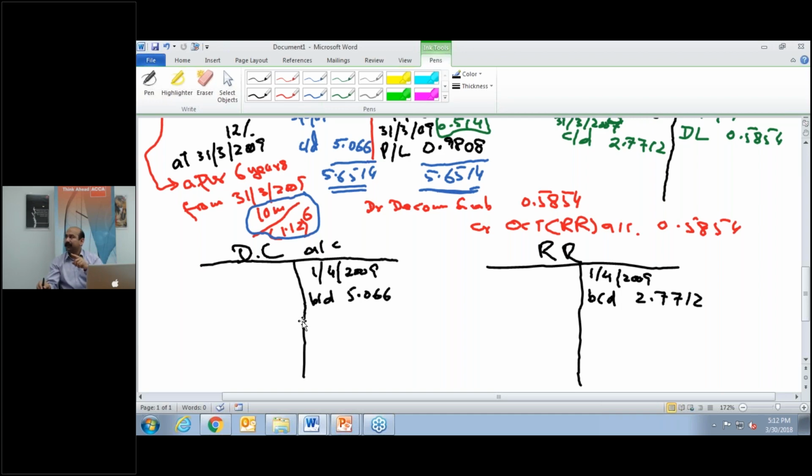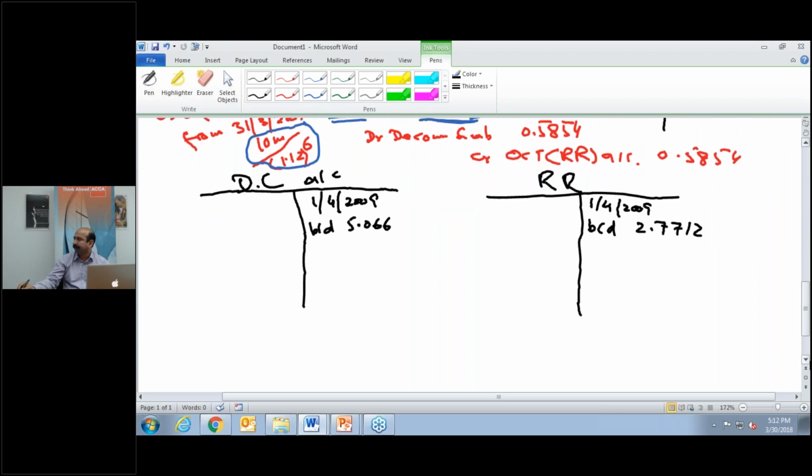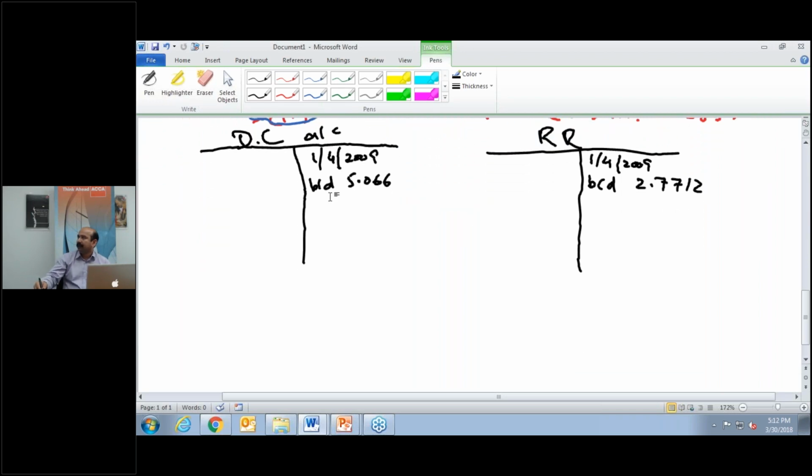How can we do that? Now I'll be doing it separately, so that there should not be any confusion. On 31st March 2010, the unwinding effect will go to the profit and loss account at the rate of 12%. I will be multiplying 5.066 into 0.12.